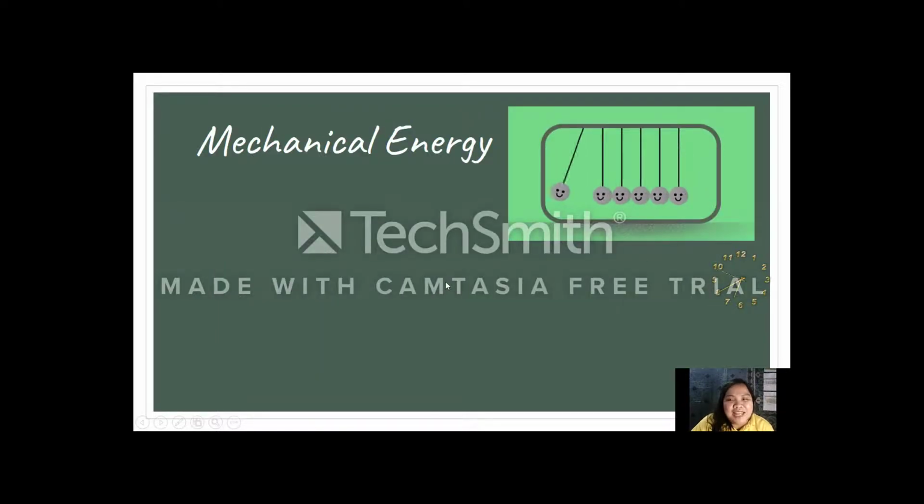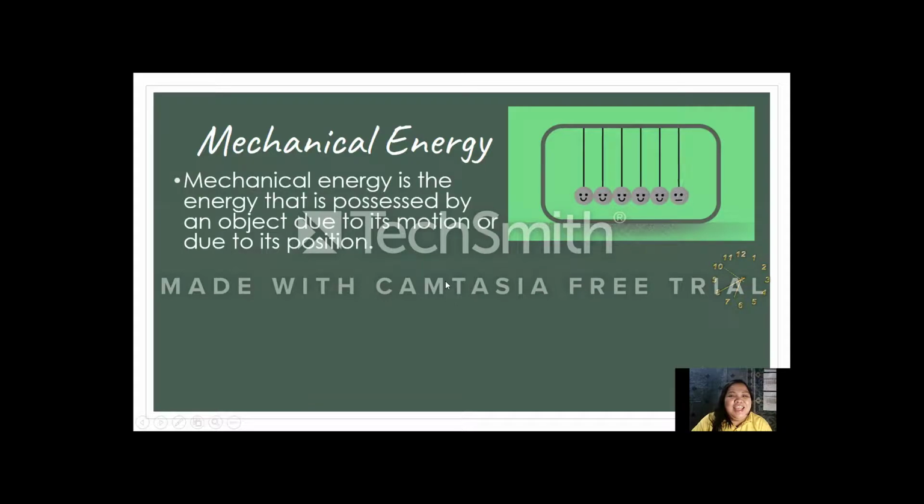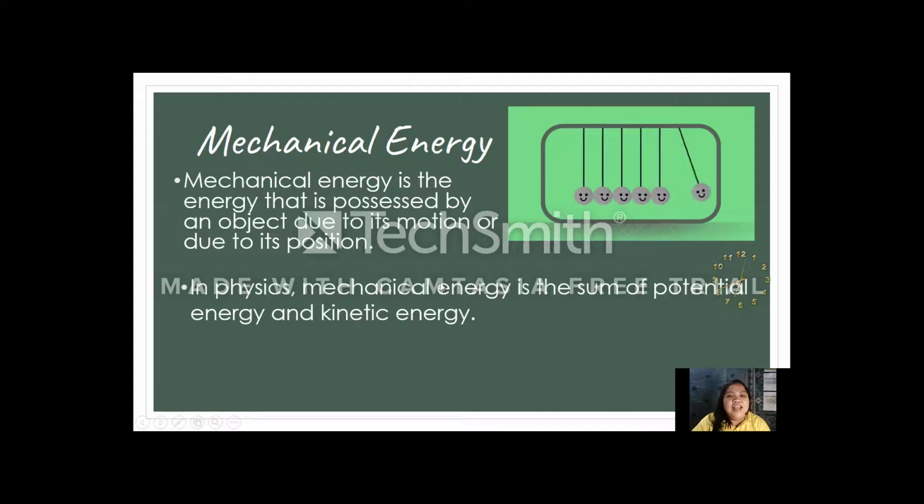So mechanical energy is the energy that is possessed by an object due to its motion or due to its position. In physics, we have another term for that. Mechanical energy is the sum of potential energy and kinetic energy.